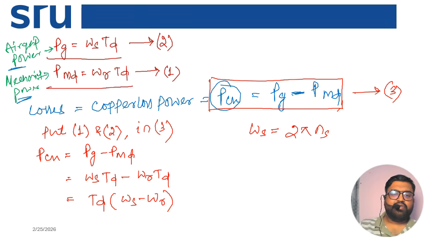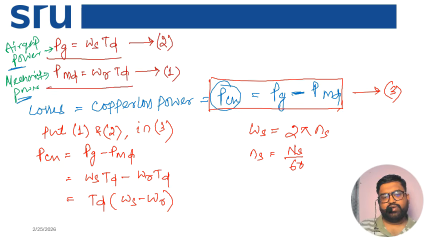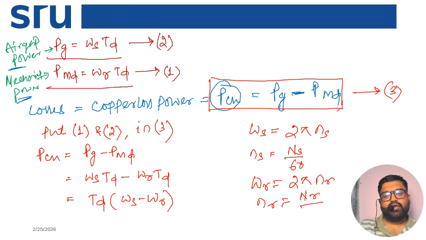Already we discussed that ns is nothing but capital Ns by 60, right? Similarly, omega r equals 2 pi nr, and here also nr equals capital Nr by 60. Ns is in revolutions per second.